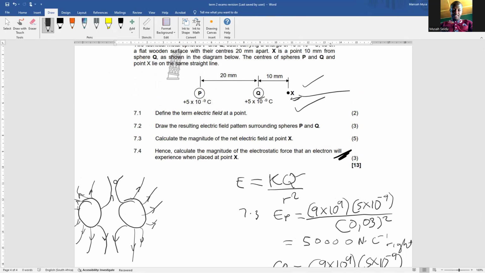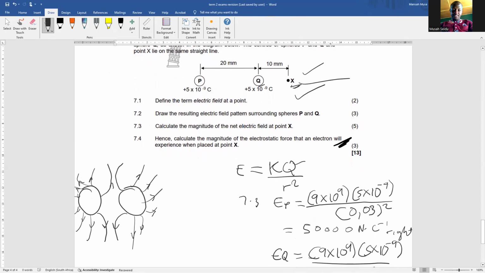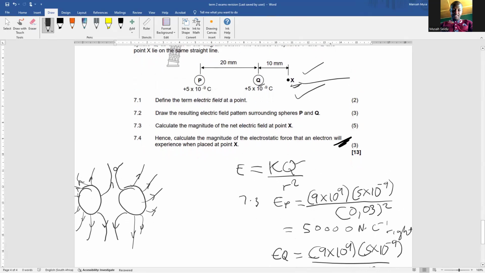So we have the net electric field at the point X, and now 7.4 says hence calculate the magnitude of the electrostatic force that an electron will experience when placed at this point. In the class, I thought they said when one of the charges is placed at that point, but it is mentioned here as electron.